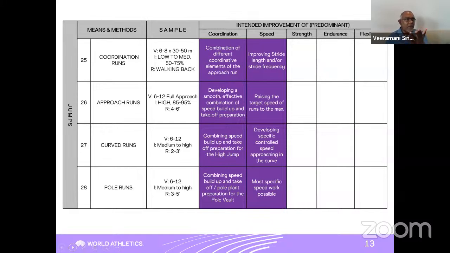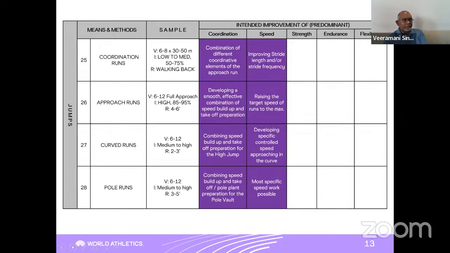For curve runs, basically it's for our jumpers, high jumpers, combining the buildup of speed into takeoff. So again, specific control of speed, we mentioned earlier by Parveer, about optimal control speed that you can achieve or needed to do that performance.